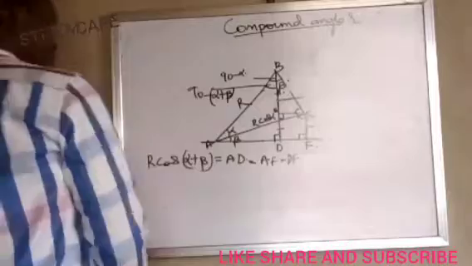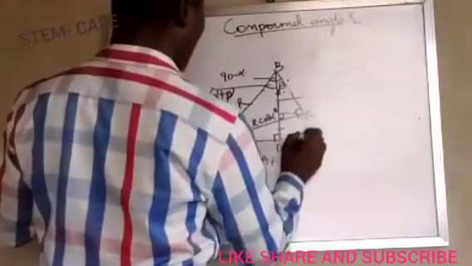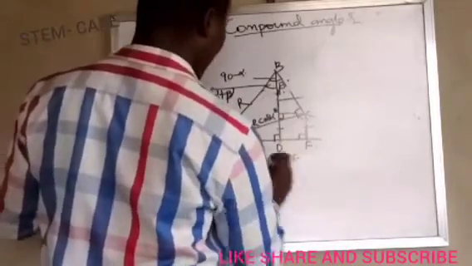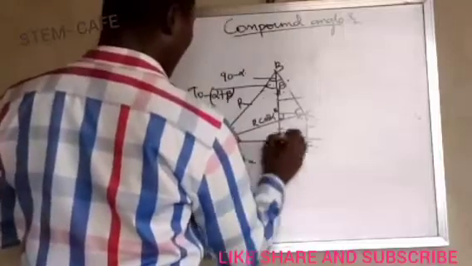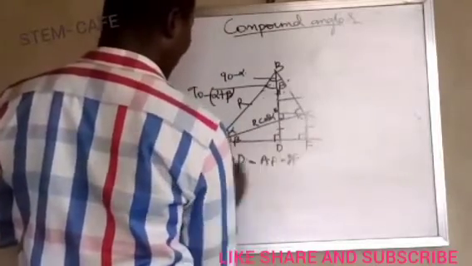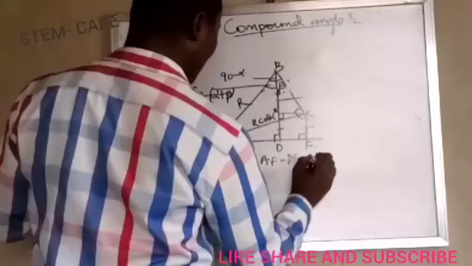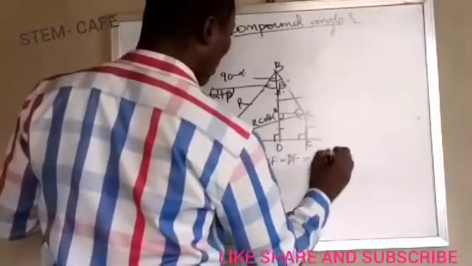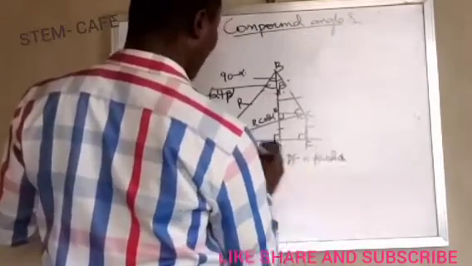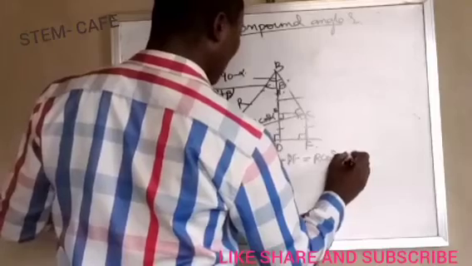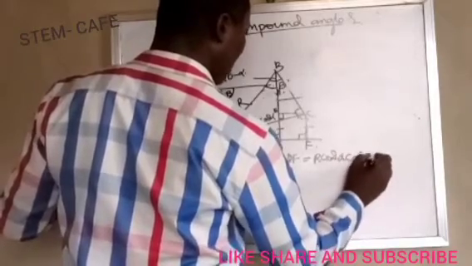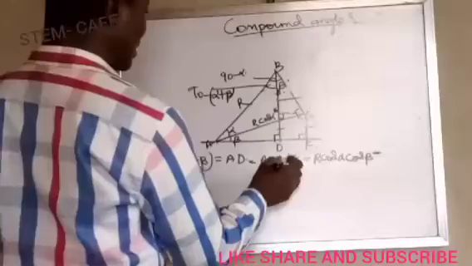What is AF? AF is r cos alpha cos beta. This is the whole from here to here. And what is DF?